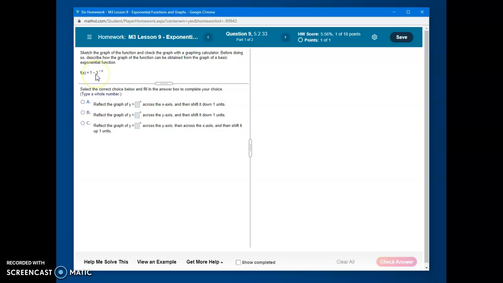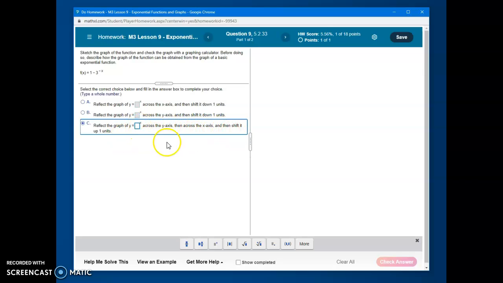So that one reflects it across the x-axis. And then we're going to add 1, shift it up 1. So which one of these says that? Oh, okay, so this is going to be the base 3. We'll shift it across the y-axis first, right? Then the x-axis, and then shift it up. So that's the correct answer here, 3.